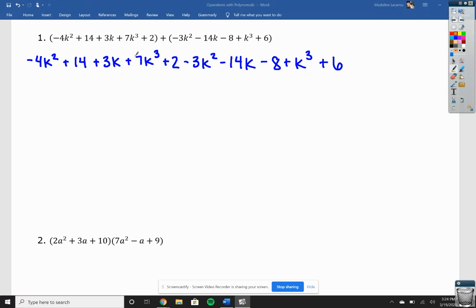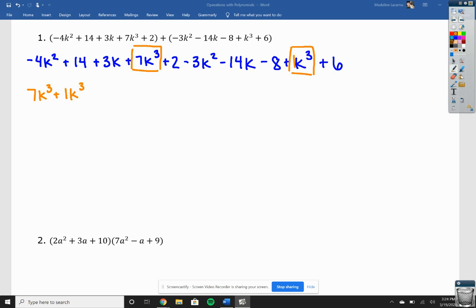So going along, I have 7k to the third, and then I just have 1k to the third. Remember, there's no number in front, but it's going to be a 1. So I'm going to write those two together. 7k to the third plus 1k to the third.